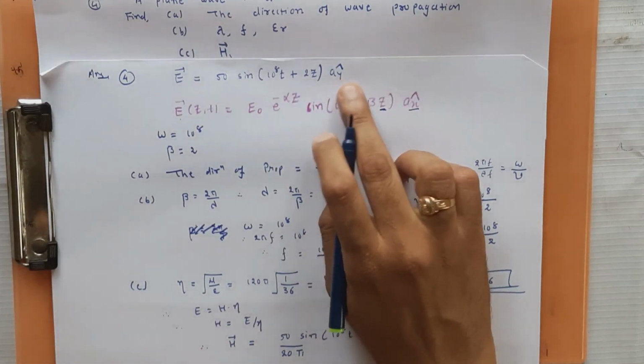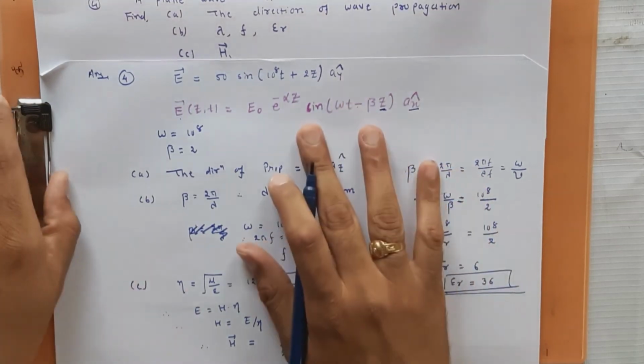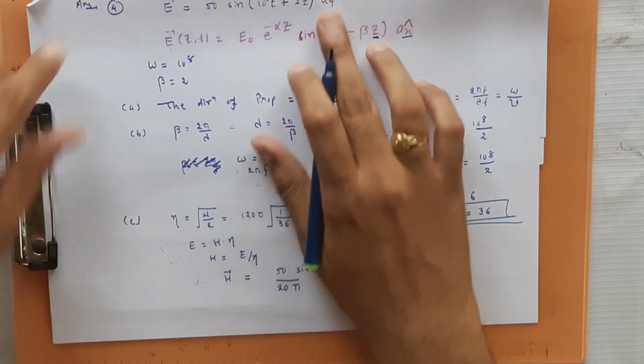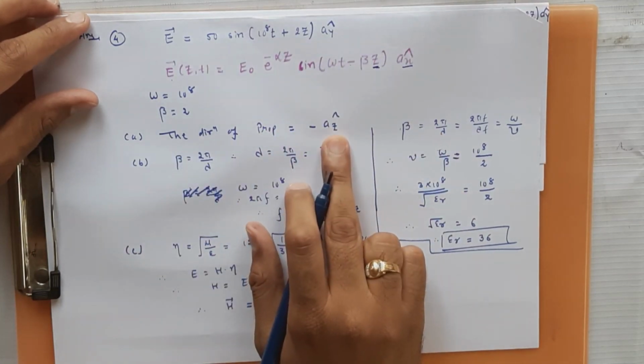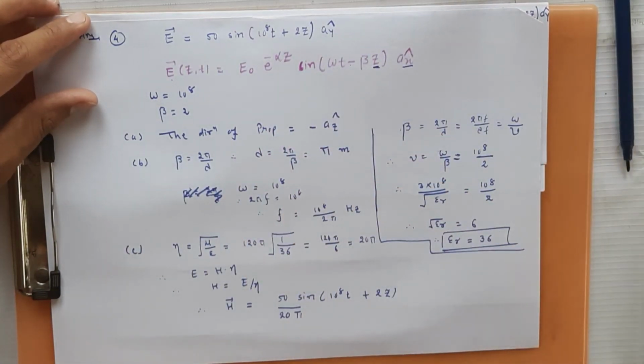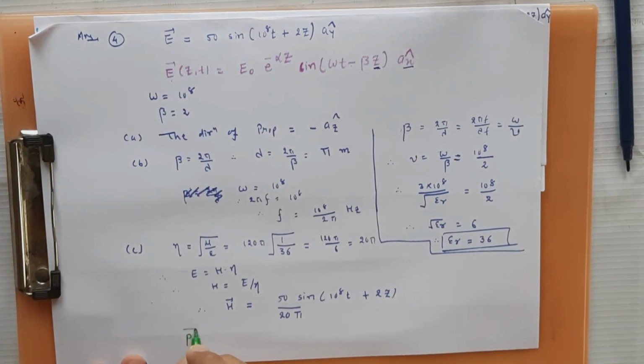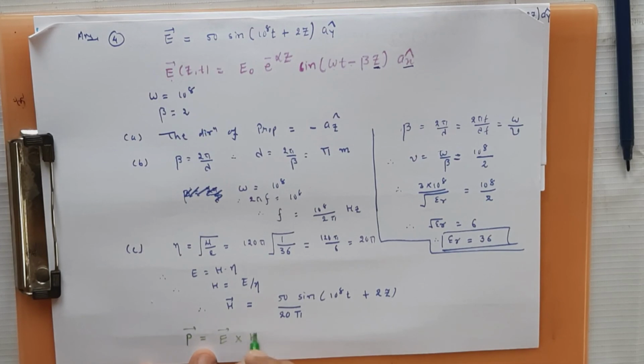But what is the direction of H? See here, in this case the direction of E is y direction, the propagation direction is z direction. So we have to apply our formula. Our formula is the propagation direction is equals to direction of E cross product with direction of H. What is the propagation direction? Propagation direction is minus z.